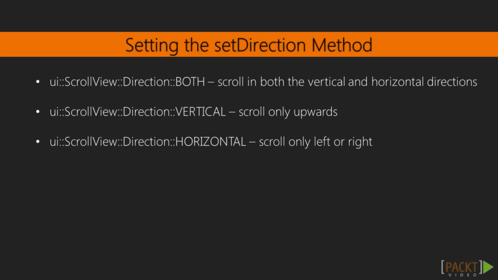This implies that we could scroll in both the vertical and the horizontal directions. If you want to scroll just up and down, you set UI::ScrollView::Direction::VERTICAL. If you want to scroll just left and right, you set UI::ScrollView::Direction::HORIZONTAL.